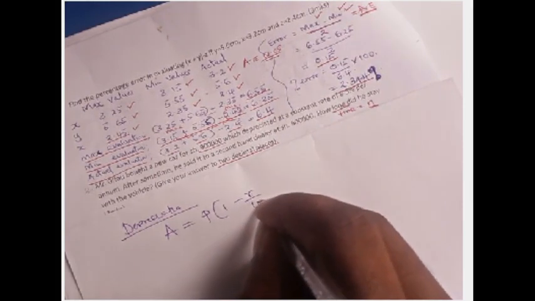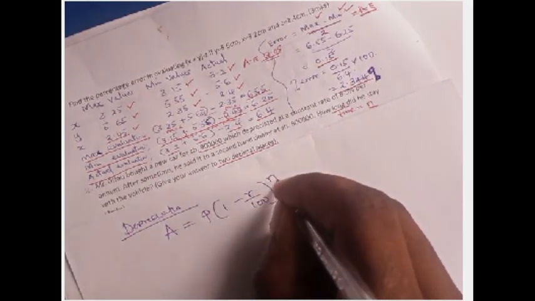So it's a question on depreciation. The depreciation formula: amount is equal to principal times 1 minus r over 100, raised to n. Our amount is the value of the car after n years.